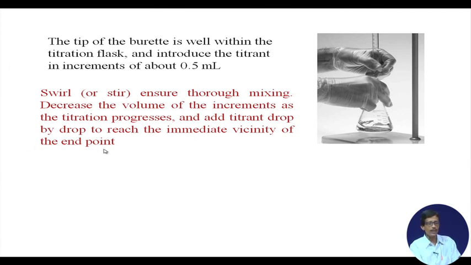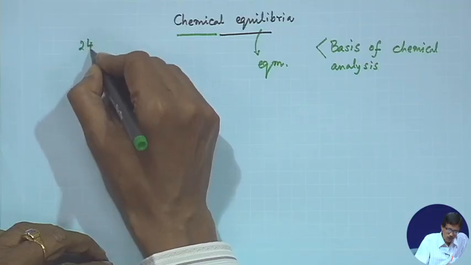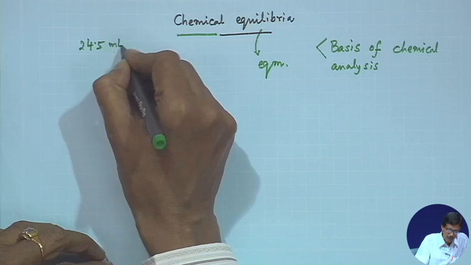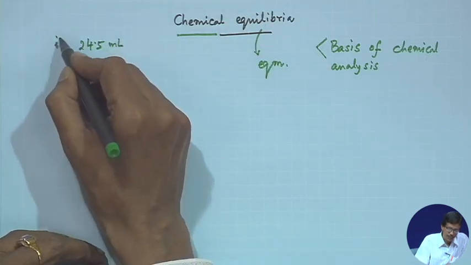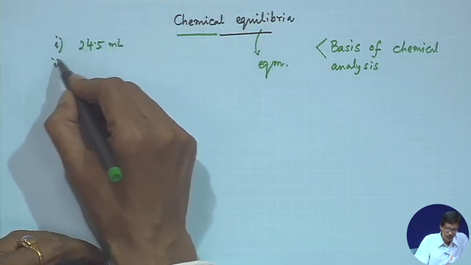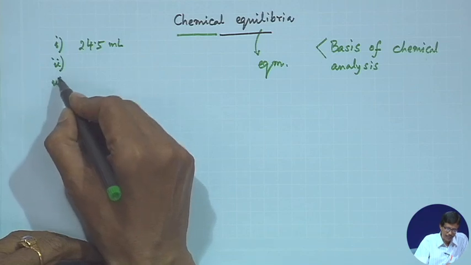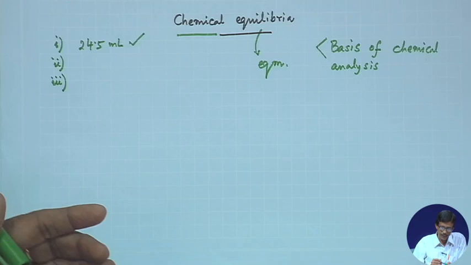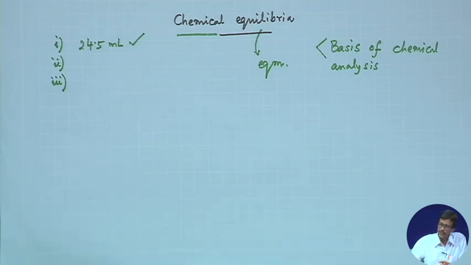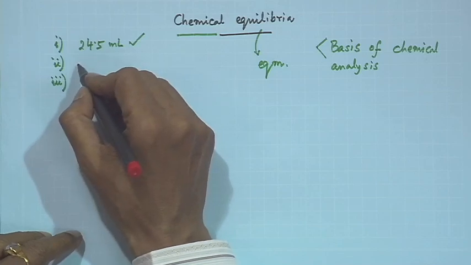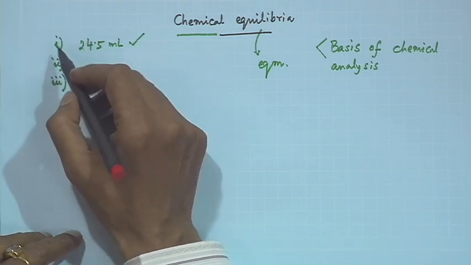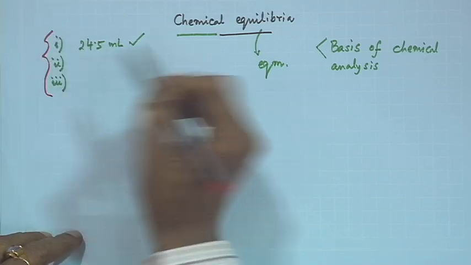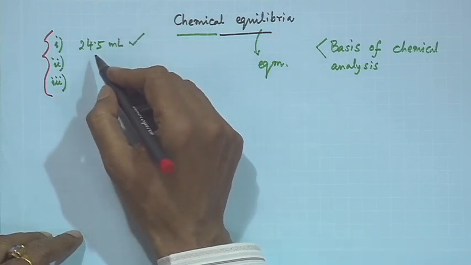Suppose your end point is coming at say 24.5 ml. So, this is the first titration we do, then we have the second titration and then the third titration. Once we get the volume for the first titration, we can use it for the second titration, because we have to take the average of all three having concordant values.